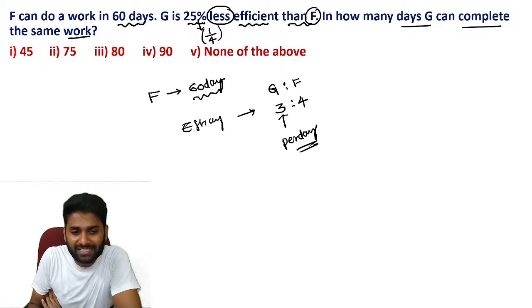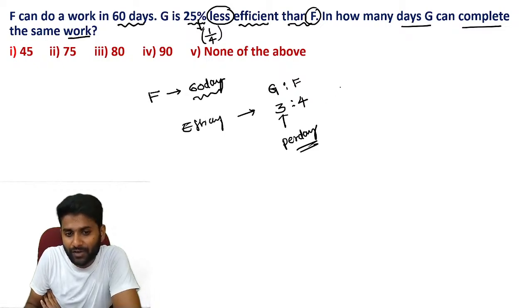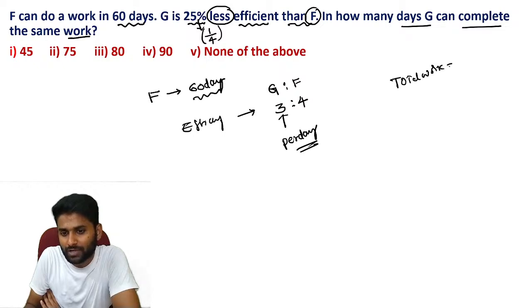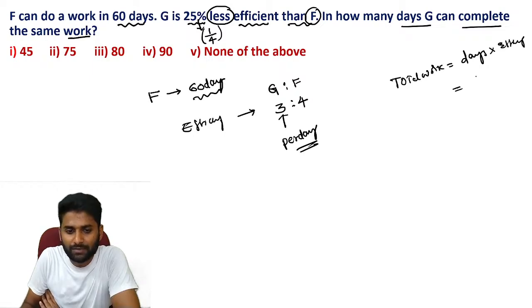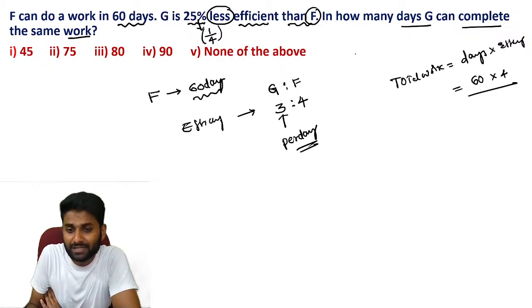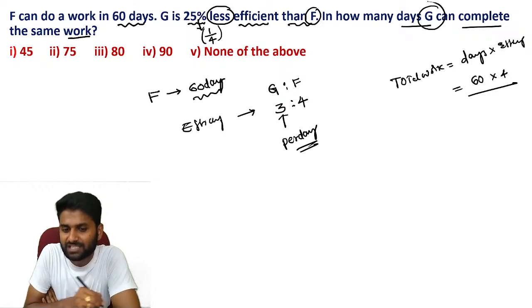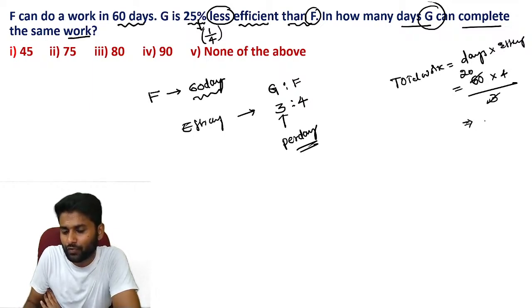F takes 60 days at 4 units per day, so the total work is 60 into 4. Now if you assign the work to G, what is G's efficiency? 3 units.